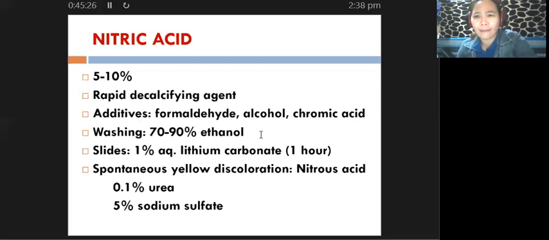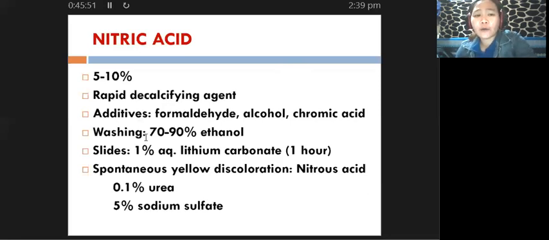Old nitric acid is even more damaging to your tissue sample, so always use a fresh stock solution of your nitric acid.